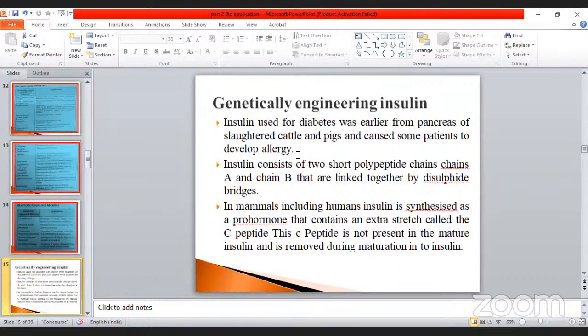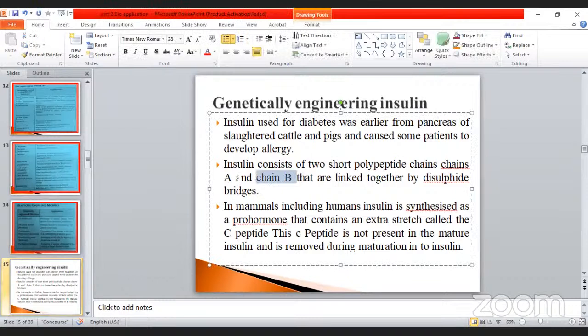So in such cases, what they will do, will not do any precautions. So the insulin consists of 2 short polypeptide chains, chains A and B. What are the 2 chains? There are 2 chains, chain A and chain B, that are linked together by disulfide bridges. That is very, very important, my dear students.